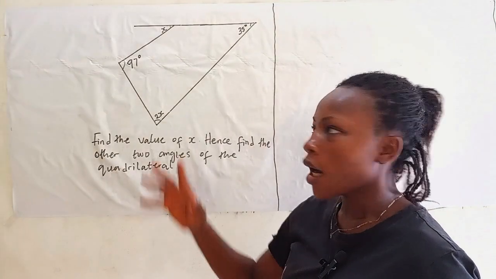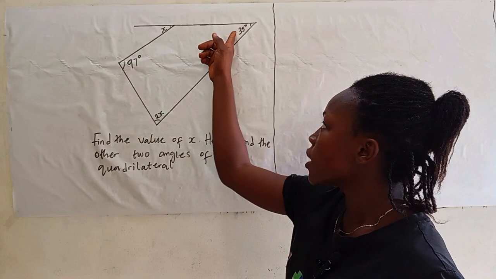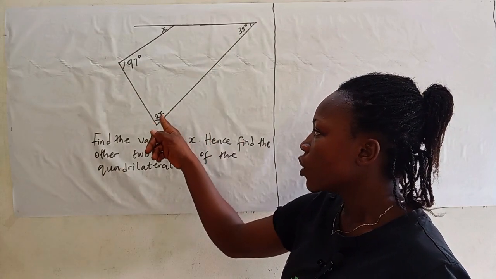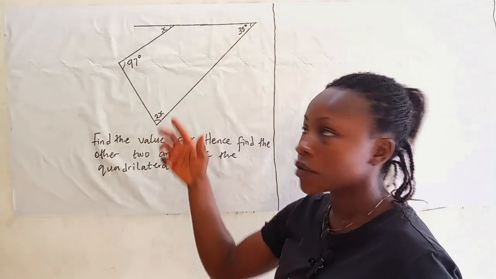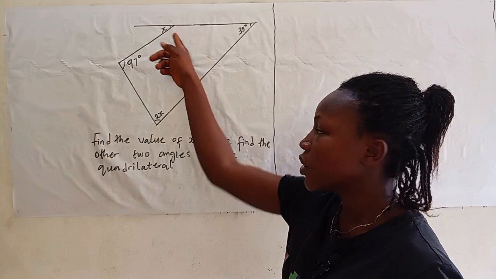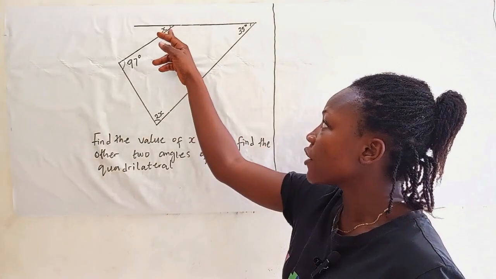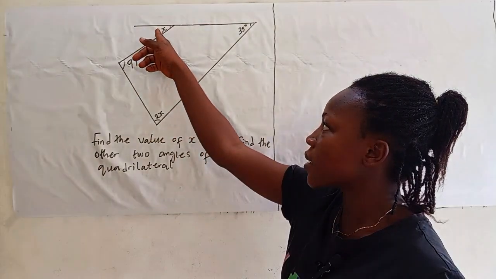All right, and from what we have here, we already know the value of this angle, and this angle. This angle is 2x, while here is 97, and this one also, but we didn't know the value of this angle here. So for us to find the value of this angle, we already know that this is x, right?